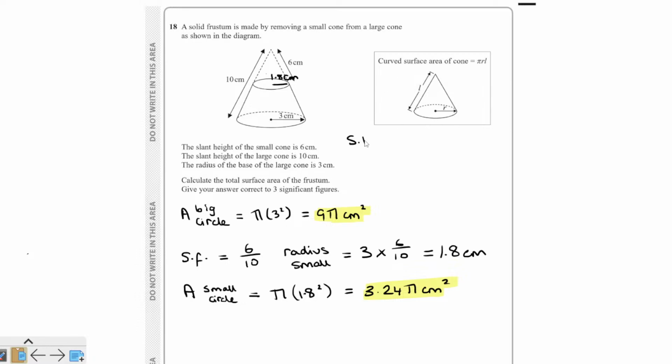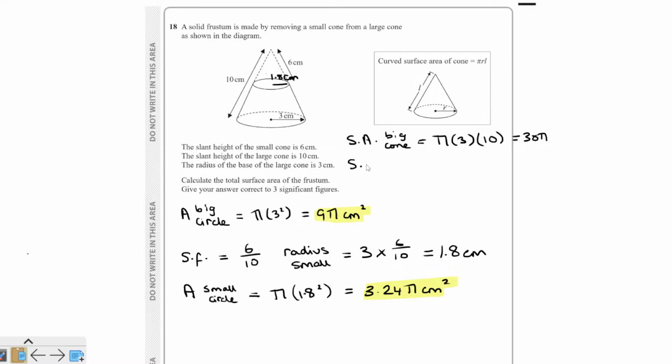So surface area, big cone. Well, that's sort of the curved bit, you know that, I'm not including the circle, is pi times the radius. So the radius of the big cone is 3, and the height of the big cone, or the L bit, is 10. So I would just literally leave that as 30 pi.